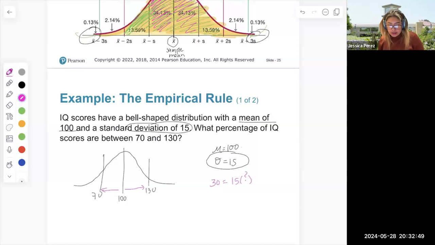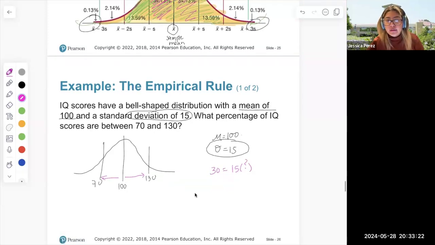The area between 70 and 130. So what is it? 15 times what gives me 30? There it is. We get 2, right? So 15 times 2 gives me 30. This means that I'm 2 standard deviations away from the mean.